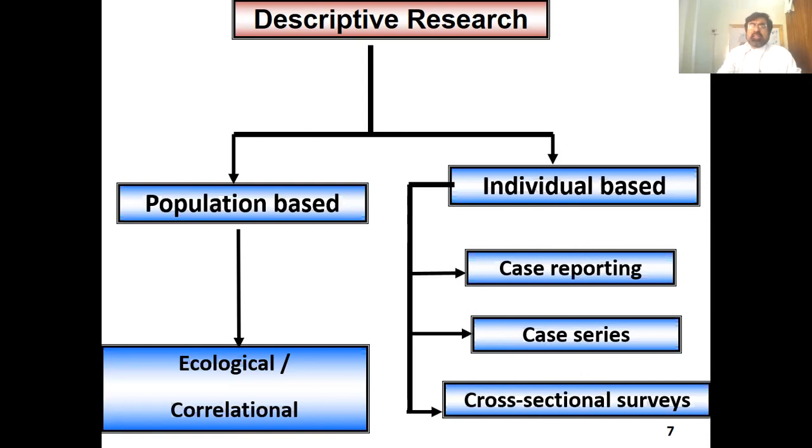Case reporting is a type of study about a unique case.